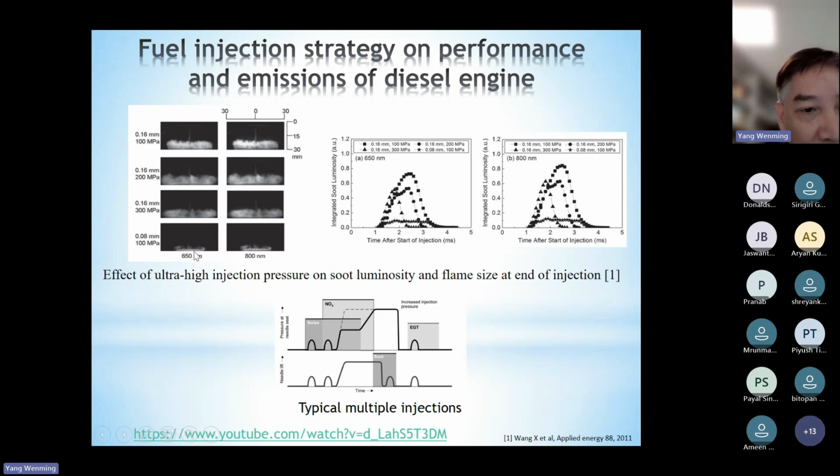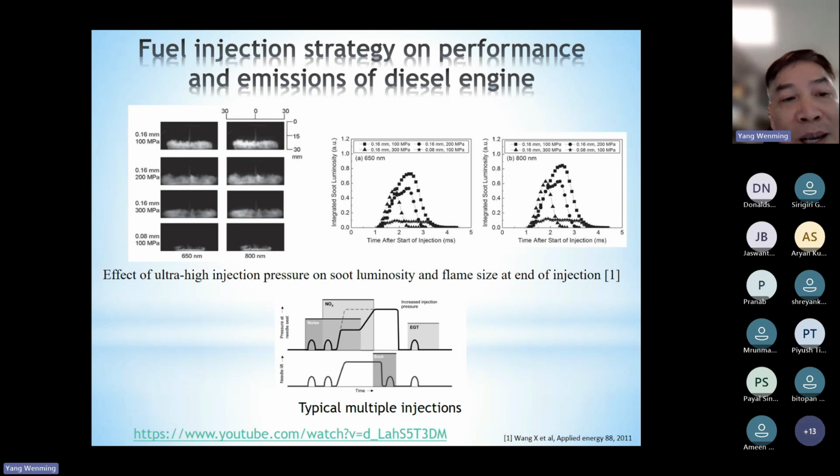And this one is when we decrease the fuel injection hole to 0.08 mm, and the fuel injection pressure is still 100 megapascal. Comparing the first one and the last one, you can see the size will decrease, because the fuel injection amount will decrease.